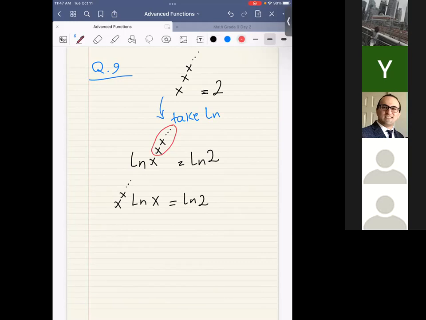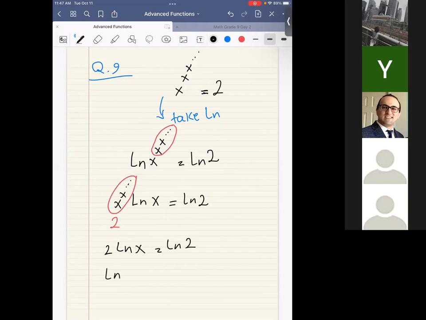But we know this guy is equal to, what is this guy? This guy is equal to 2, because it's an infinite exponent, right? So this guy is just equal to 2 from the very first equation. So 2 times ln of x is equal to ln of 2.